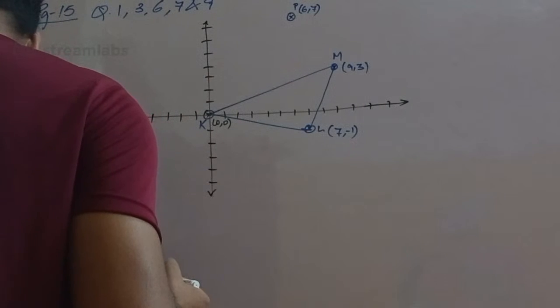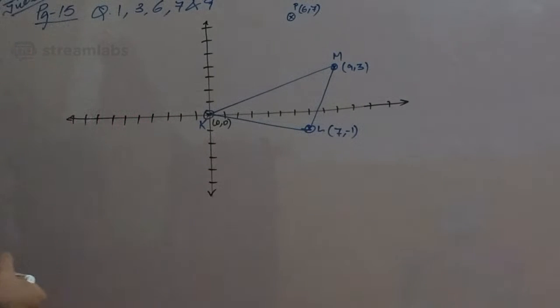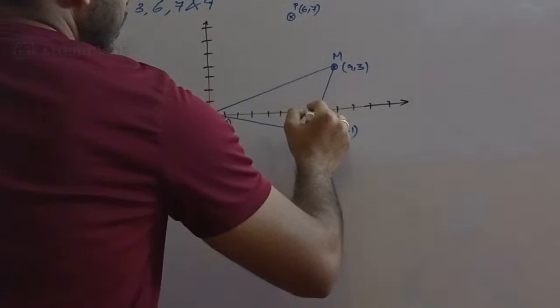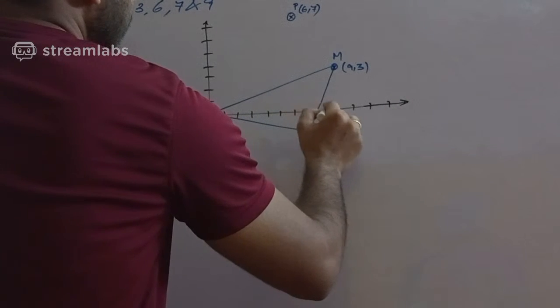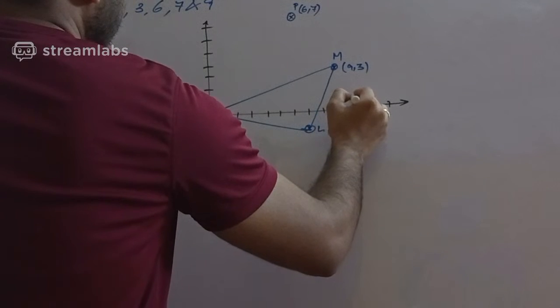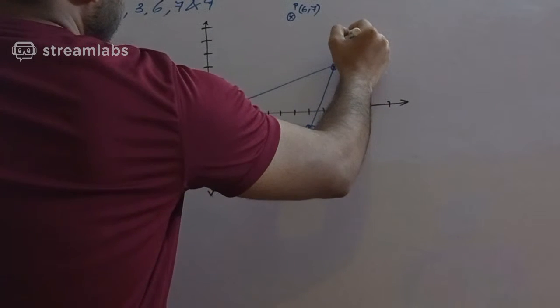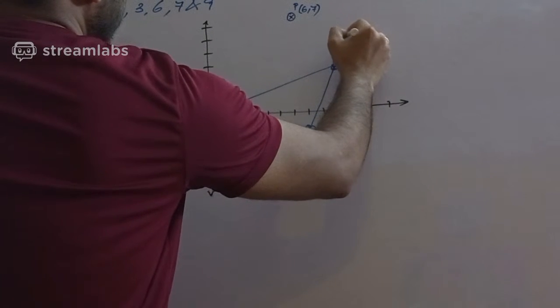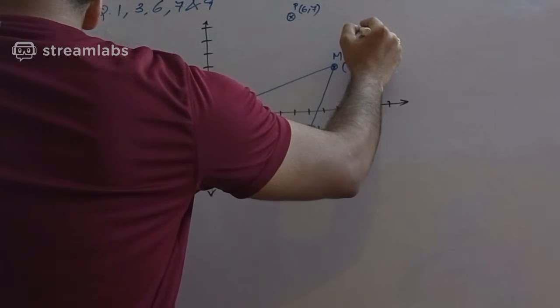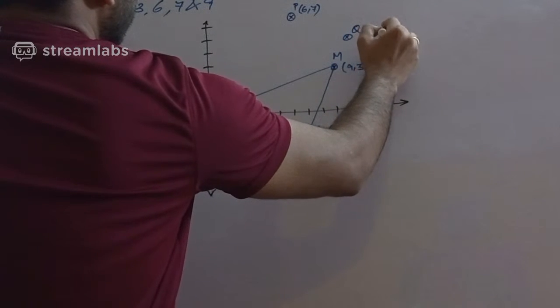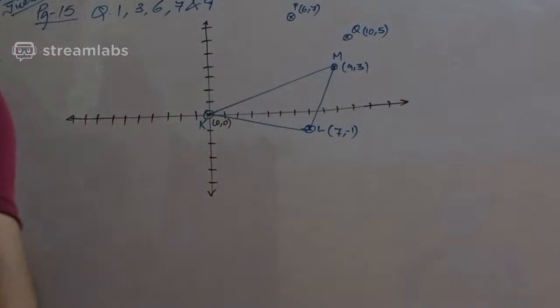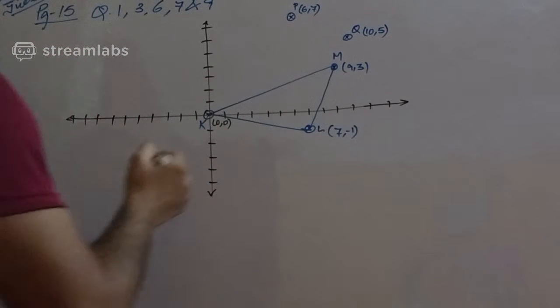Then another is 10 comma 5. And R is 1 comma 2.